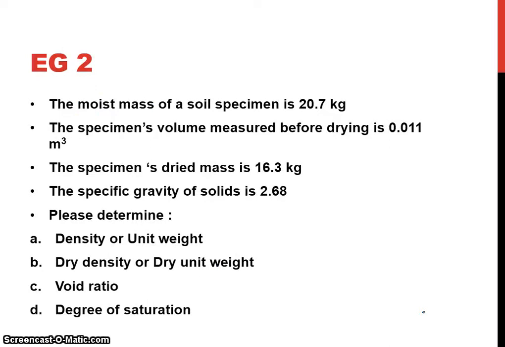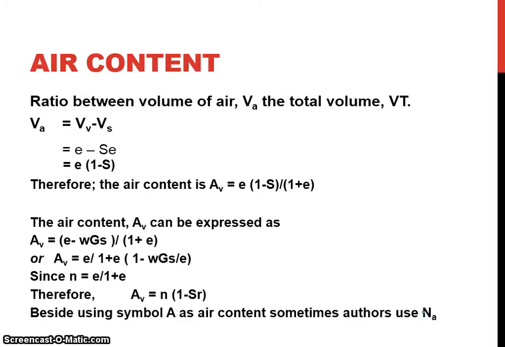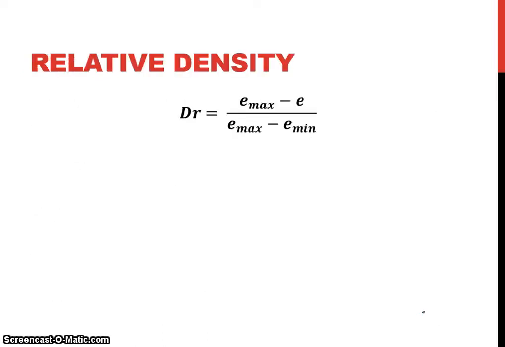Okay, after this there are a lot of examples. You can try example 2 and example 3 with the answers. A few more things to cover are air content and also the relative density. I cover the relative density first.